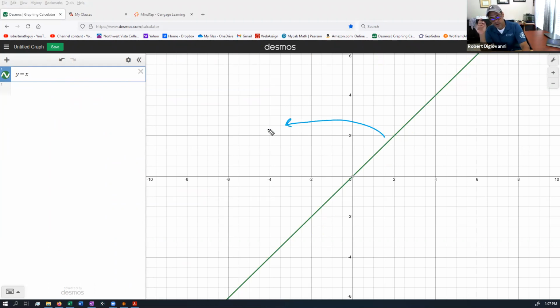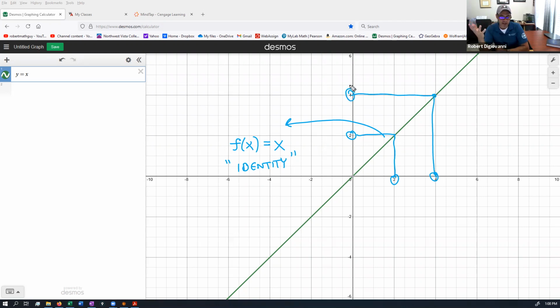This function here, f of x equals x, is called the identity function. It's called the identity because whatever you plug in is identical to what comes out. So if you plug 2 in, it spits 2 out. If you plug 4 in, it spits 4 out, right? That's why it's called the identity.